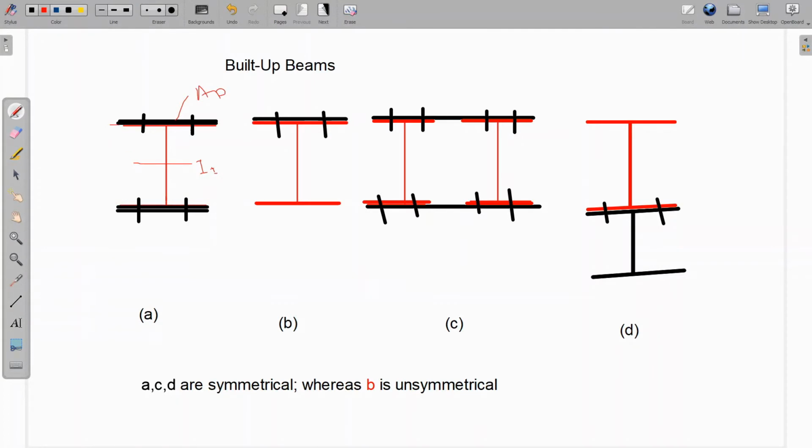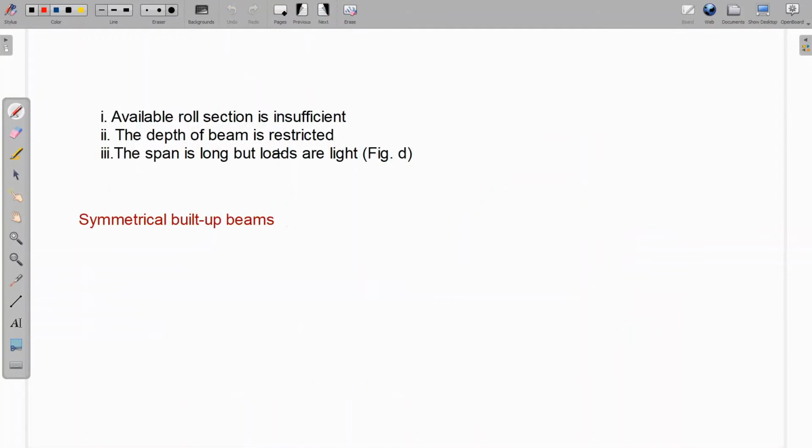And the depth of this I section is, say, D. Then what will be the moment of inertia or second moment of area of the whole section? Let's say this is capital I, the moment of area of the whole section.